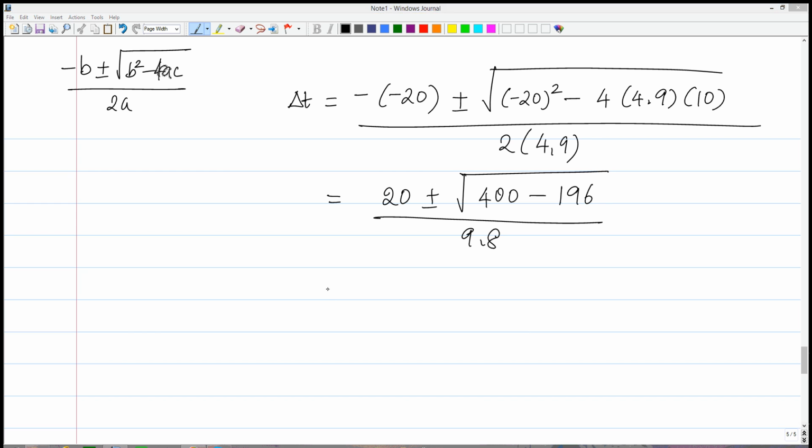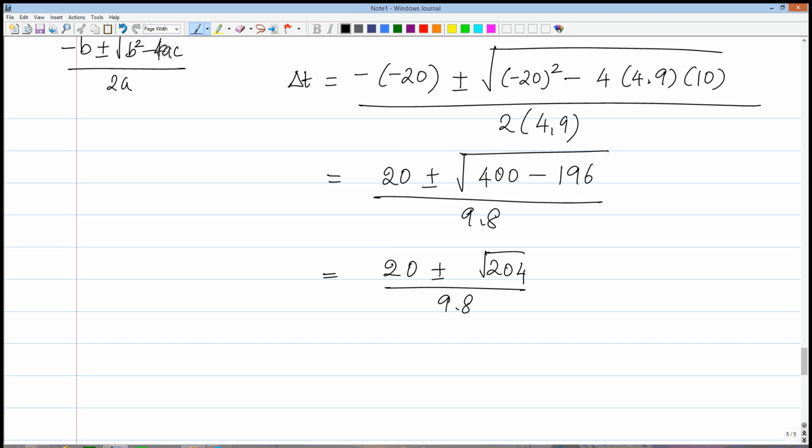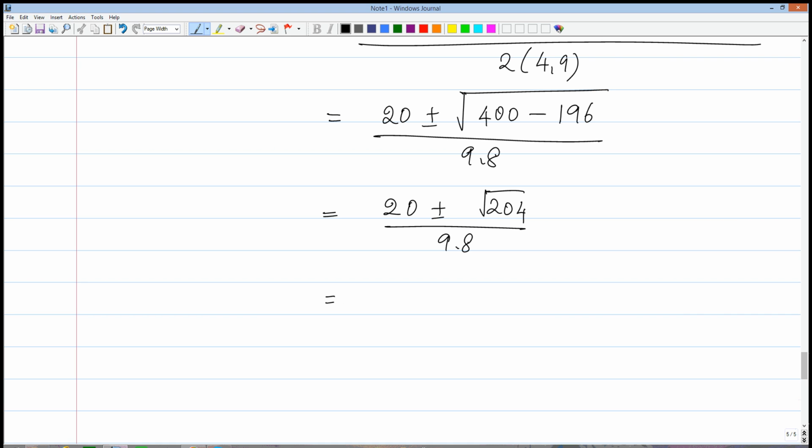Right, perfect. So now when we simplify it, I end up getting 20 plus or minus square root of 204 divided by 9.8. Now at this stage, just do everything very carefully and you'll be good. So it'll be 20 plus or minus 14.28 divided by 9.8.